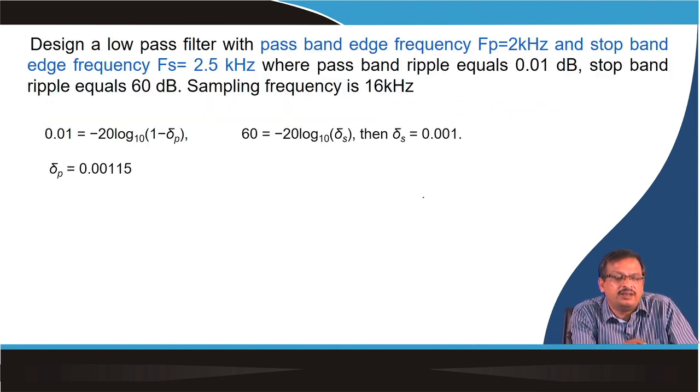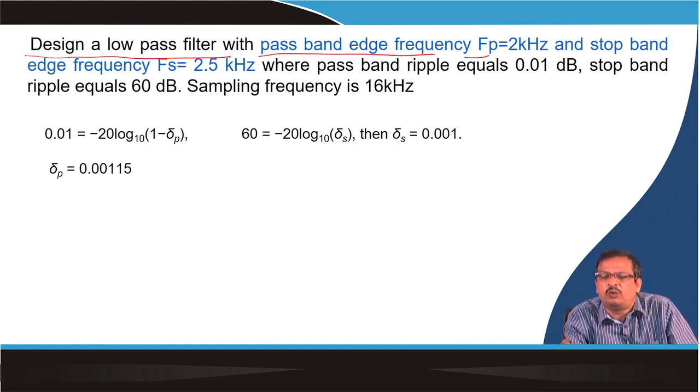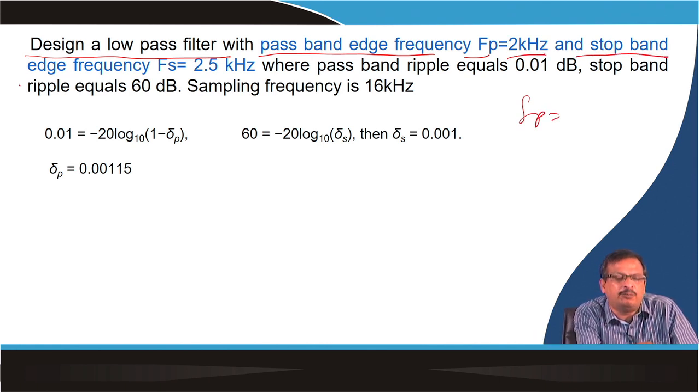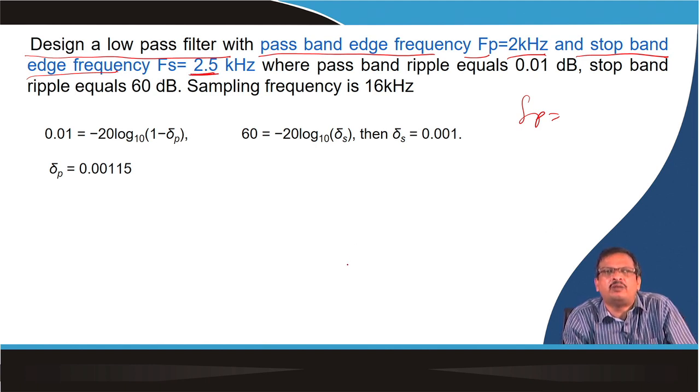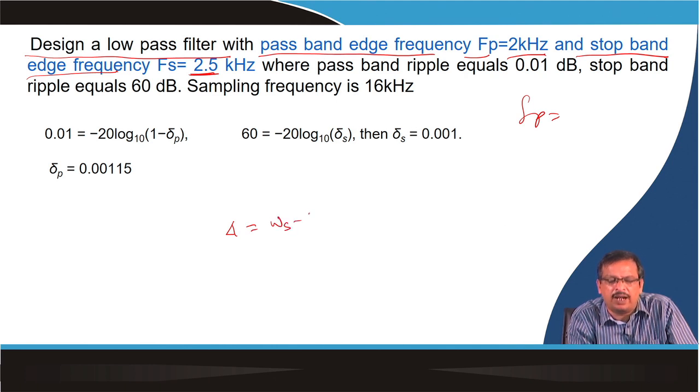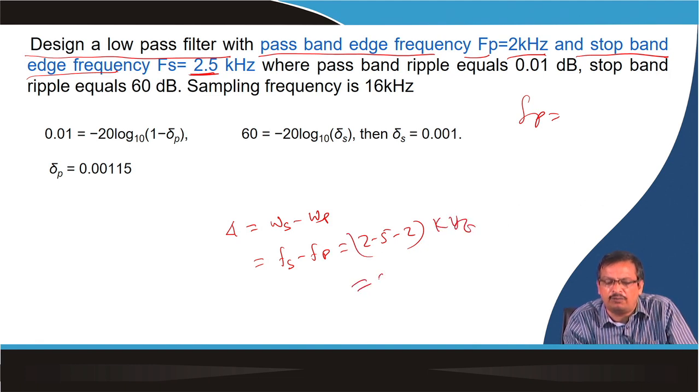Design a low pass filter with pass band edge frequency Fp equal to 2 kilohertz and stop band edge frequency Fs equal to 2.5 kilohertz. Then what is the transition bandwidth? The transition bandwidth is omega s minus omega p. In hertz, it is Fs minus Fp, which is 2.5 minus 2 kilohertz, which is 0.5 kilohertz, or 500 hertz.